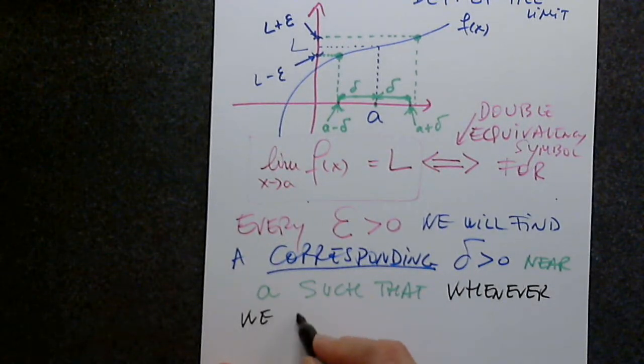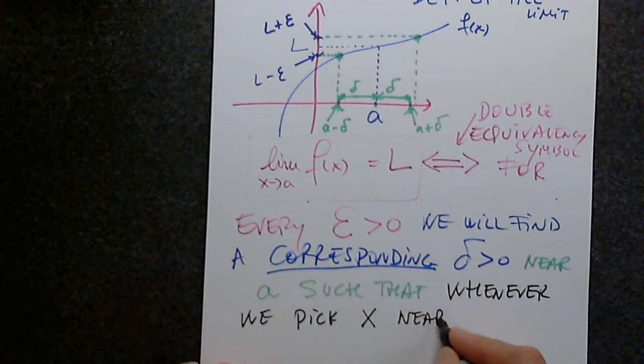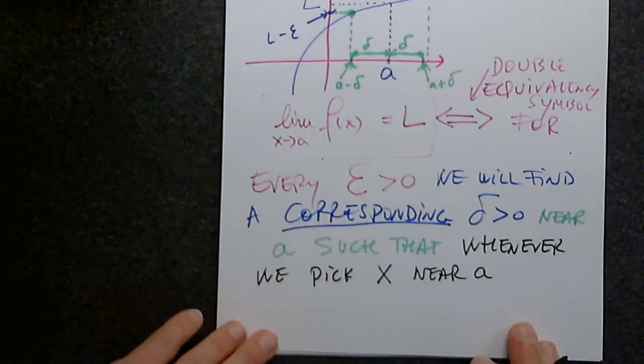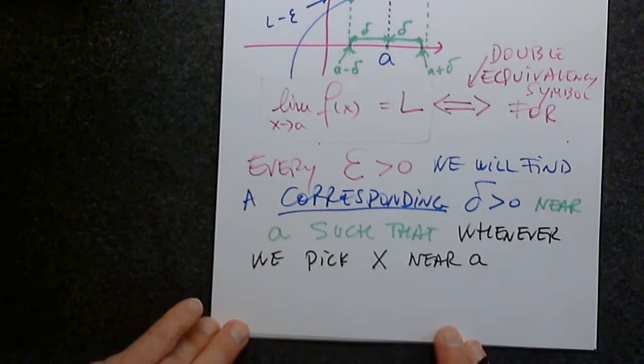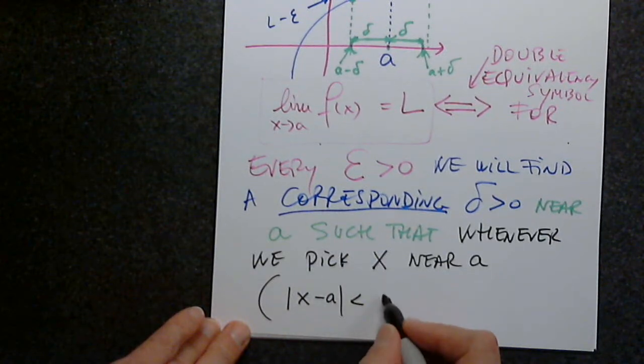we pick x near A, and there is a condition that I have to write in parentheses, and I'll come back to it, the absolute value of x minus A is less than delta.